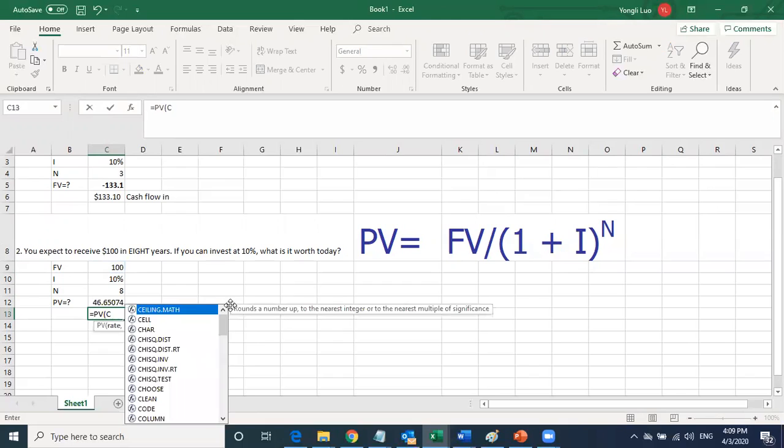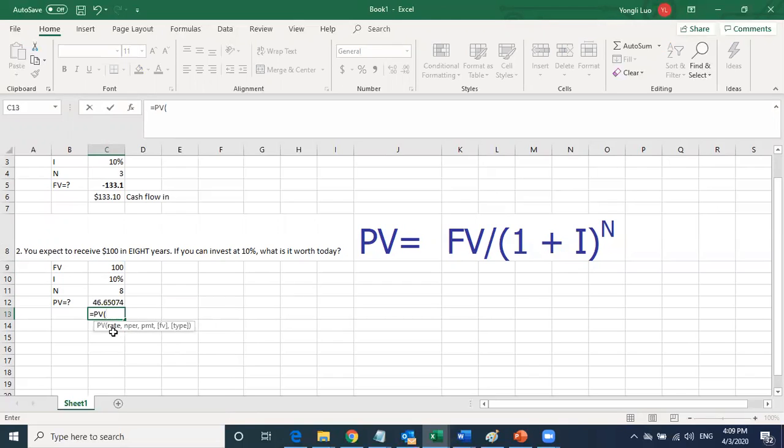You see, they give you hints. The first one is rate, and then comma, and time period, and your payment. Okay, no payment, 0. And then you select a future value, FV, here is your future value 100.